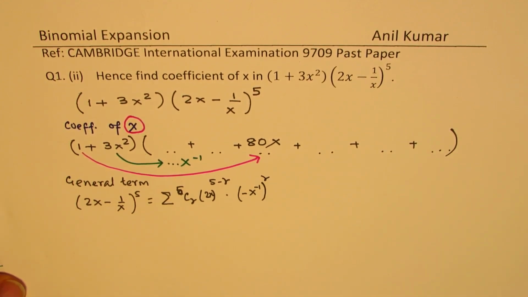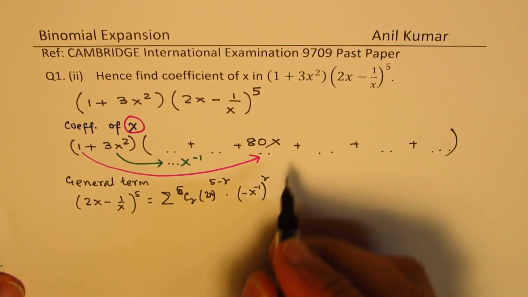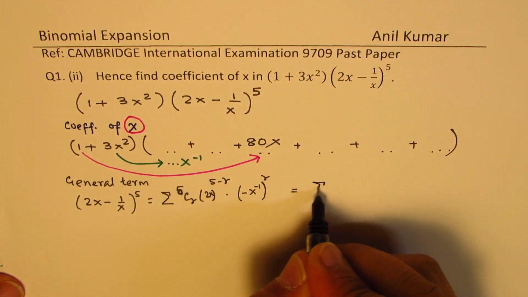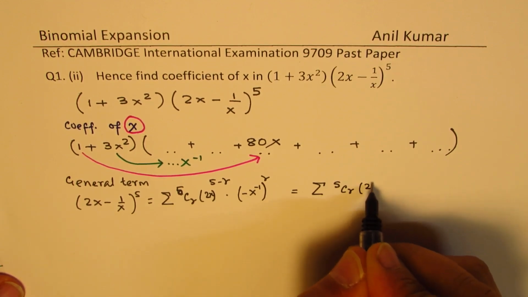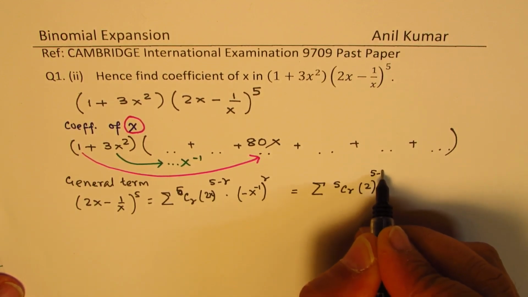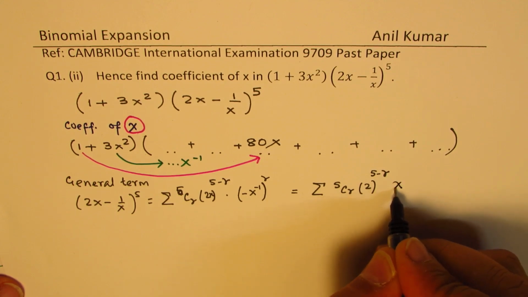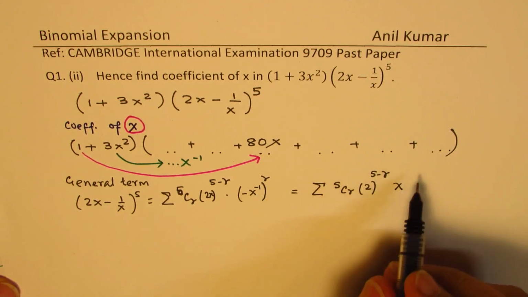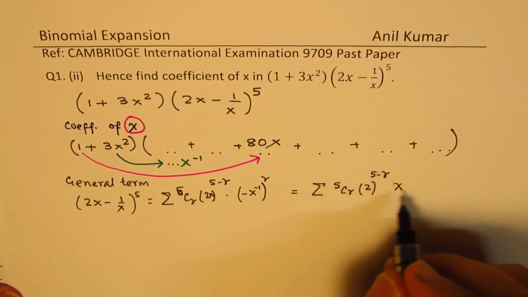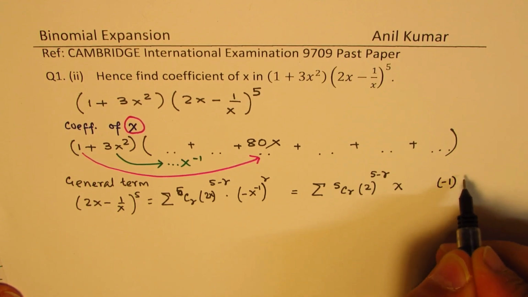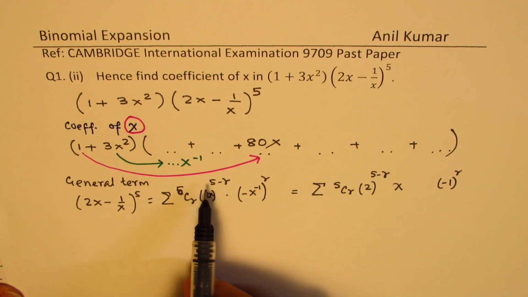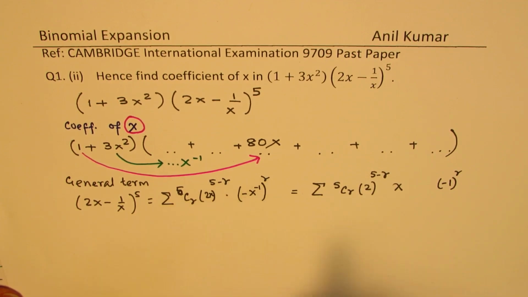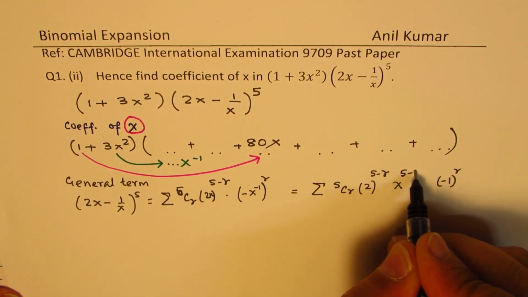Combining this, we got the general term as 5CR 2 to the power of 5 minus r, and x to the power of 5 minus r, which is 5 minus 2r. We'll multiply by negative 1 to the power of r separately.